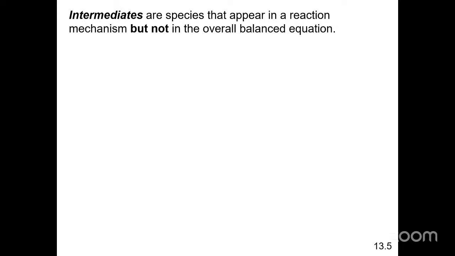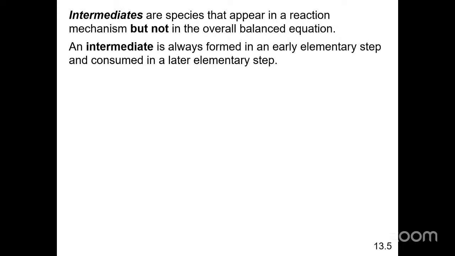The reason is that in any mechanism, an intermediate is produced in one step and then used up in a subsequent step. So overall, the intermediate will not appear in the overall equation. That's what an intermediate is.